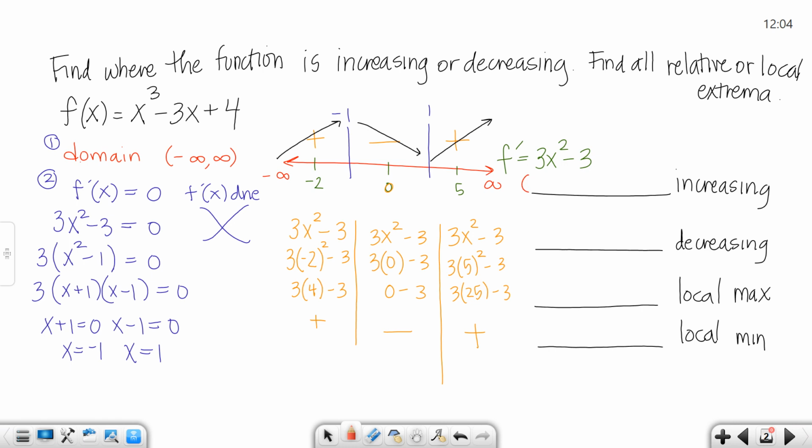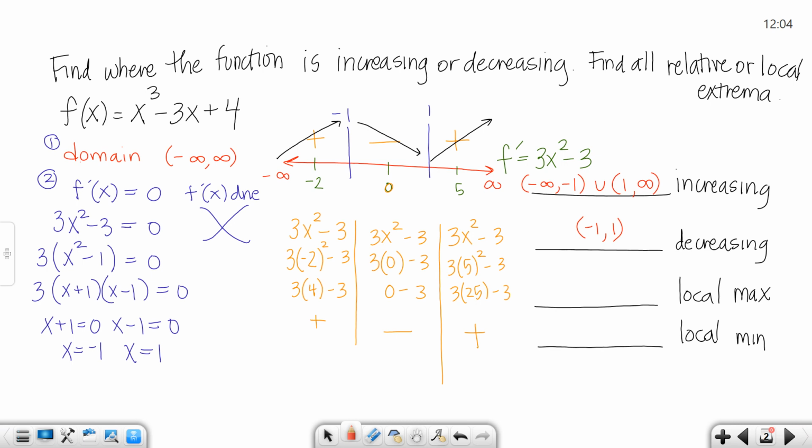It's increasing from negative infinity to negative 1, and it's also increasing from 1 to infinity. The textbook gives you the definition of increasing and decreasing functions as open intervals, which means that you get to use parentheses. So you don't have to struggle with brackets or parentheses, you just want to use parentheses here. It's decreasing in the middle, so it's decreasing from negative 1 to 1. So that solves the first part of it.